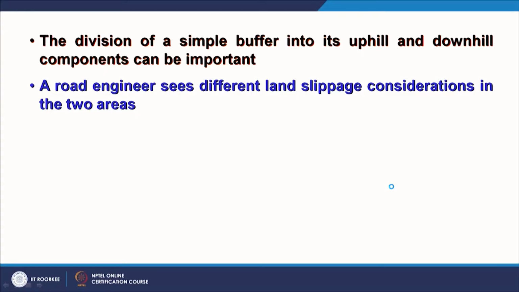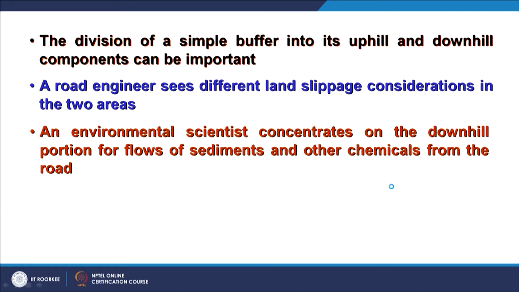Civil engineers related to transportation engineering would like to understand all this before any such thing is planned, or during the planning operation or before the construction. The road engineer sees different land slippage considerations in two areas, that is, up and down slope in a hilly terrain.